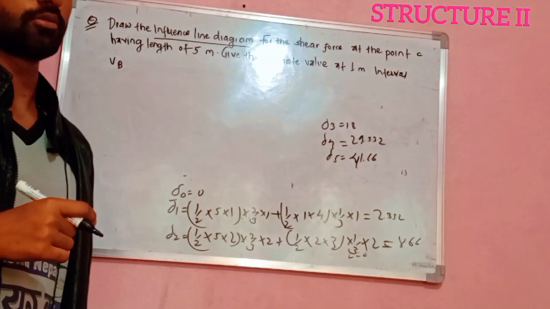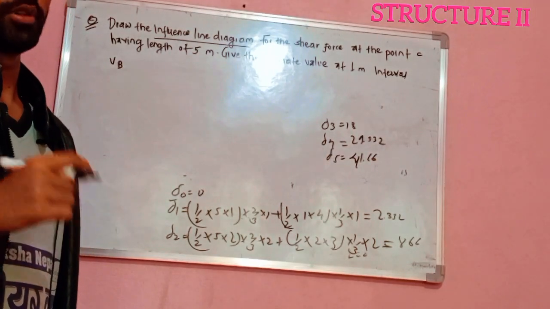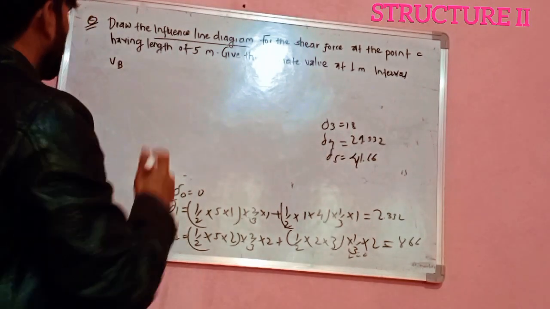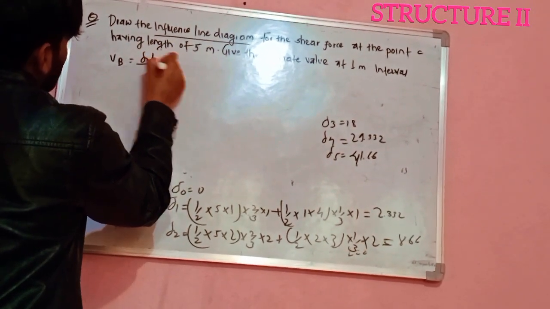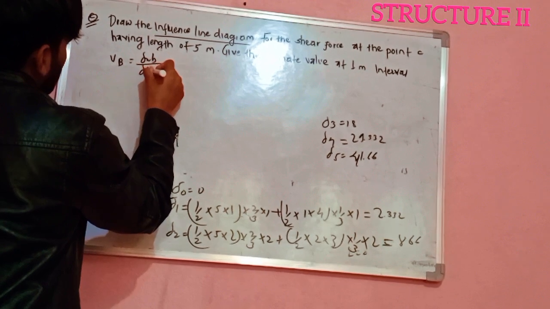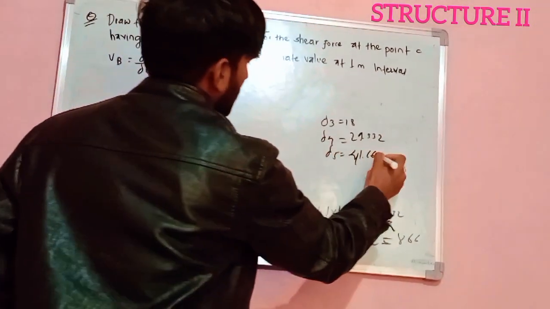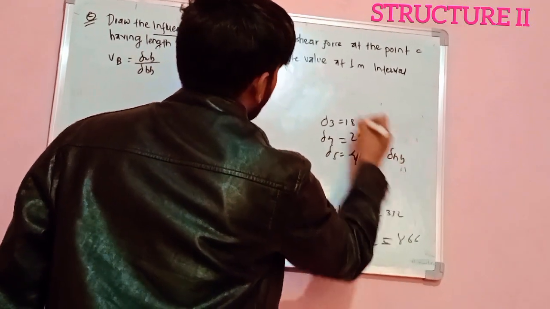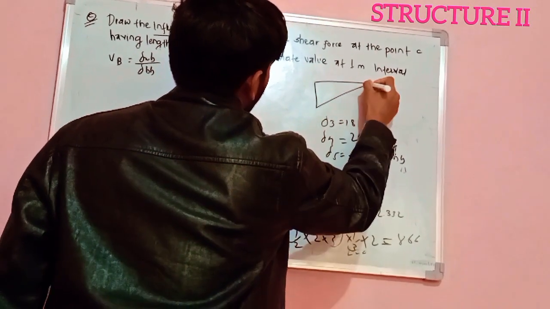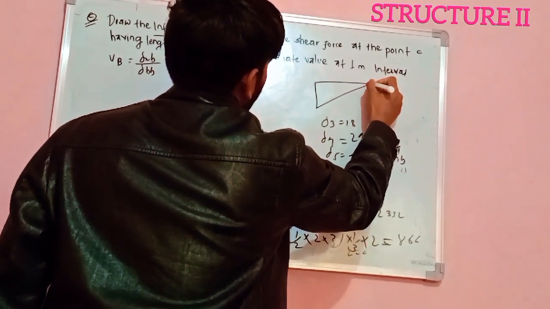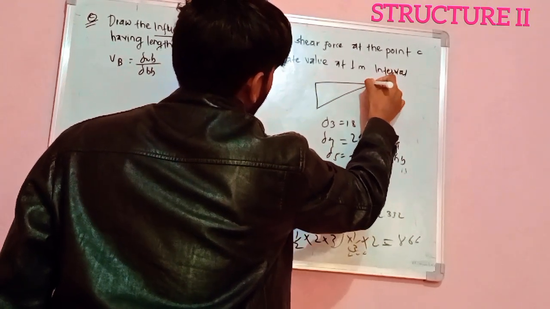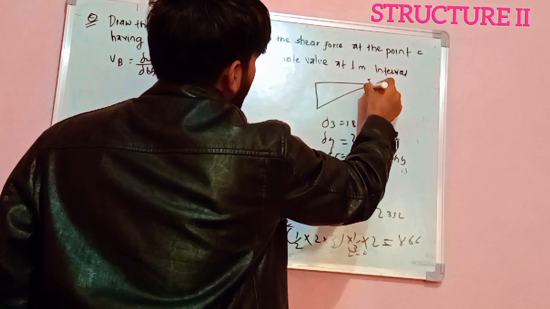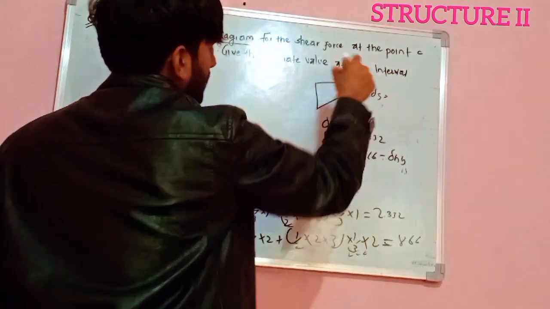You will find it by using the Mueller-Breslau principle, which states that the ordinate is the deflection at X due to load at B divided by the deflection at B due to load at B. This D5 is also the deflection at B, because in this beam it is the deflection at point D due to load at point B only.